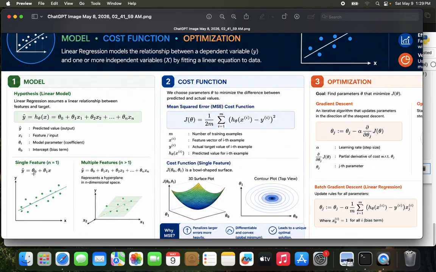The intercept is the value of y when x is 0. Theta 1 is our slope or weight, and that slope or weight measures the rate at which the predicted value changes for 1 unit of x. And x is our feature or input value.